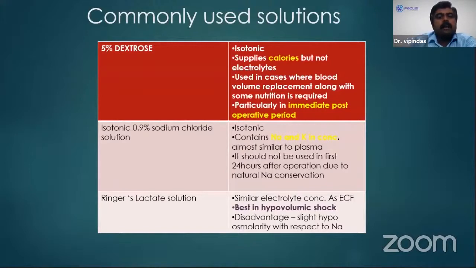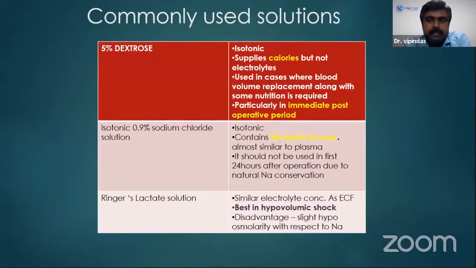And another one is isotonic 0.9% sodium chloride solution. It is also isotonic, and it contains sodium and chloride in concentrations almost similar to plasma. Another thing is that it should not be used in the first 24 hours after operation due to natural sodium conservation, that is due to the adrenocortical activity that is activated during trauma or during a stress time.